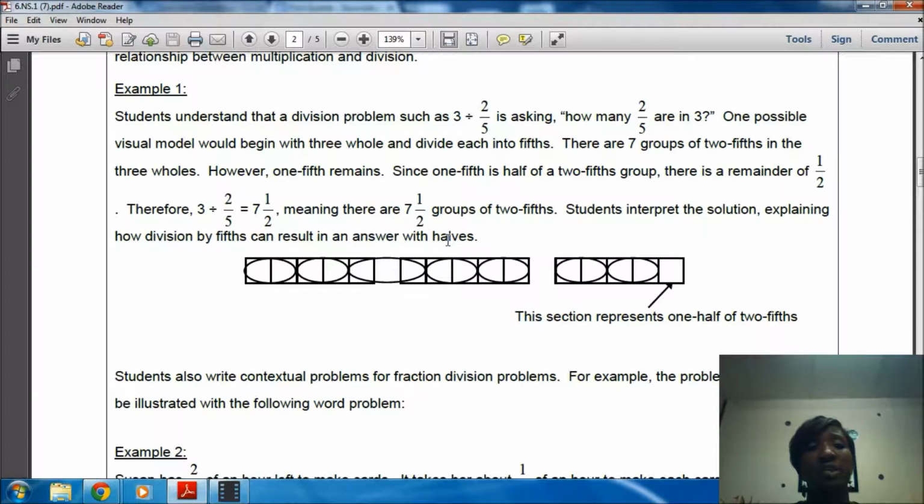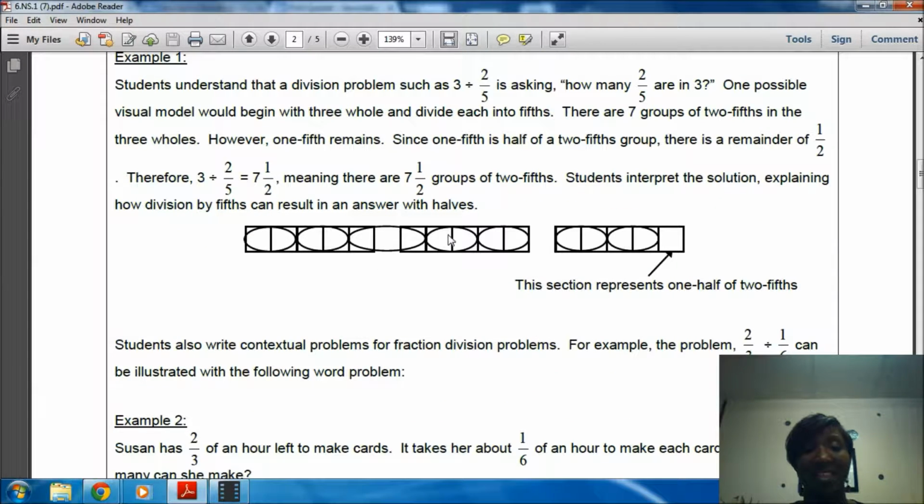So here's an example of the mathematics that should be experienced by students if they are exposed to this particular standard at the depth that they should be exposed. And again, I have to say this because I've seen this before.